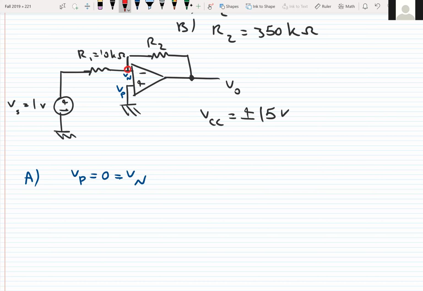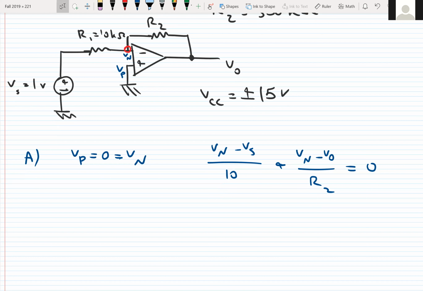The voltage of that node, of course, is Vn. So we say (Vn minus Vs) over 10 plus (Vn minus Vo) over R2 is equal to 0. Vn, of course, is 0.